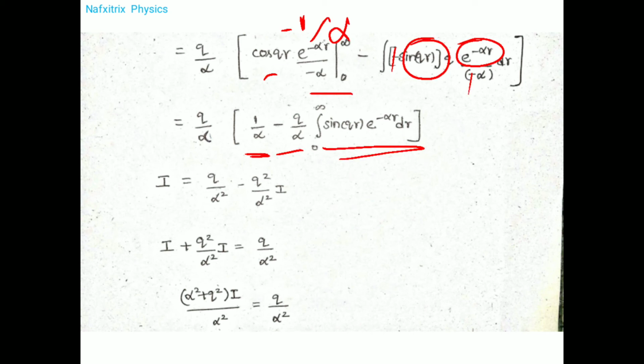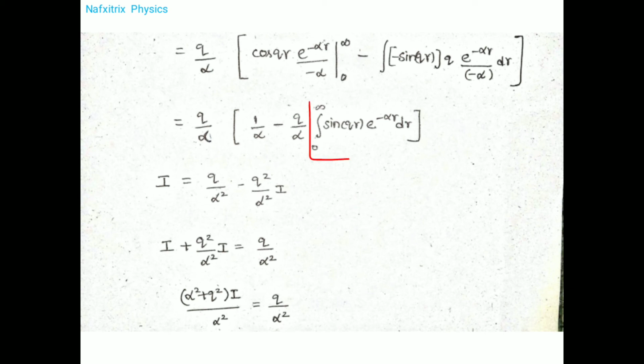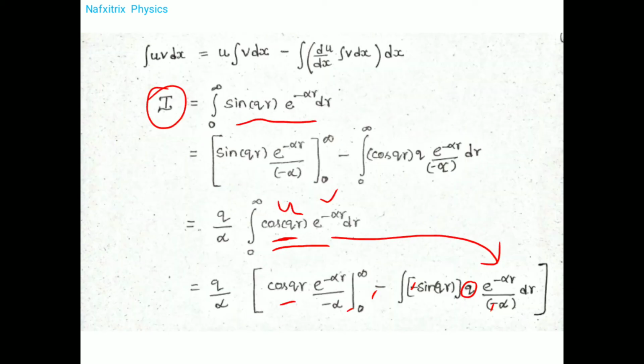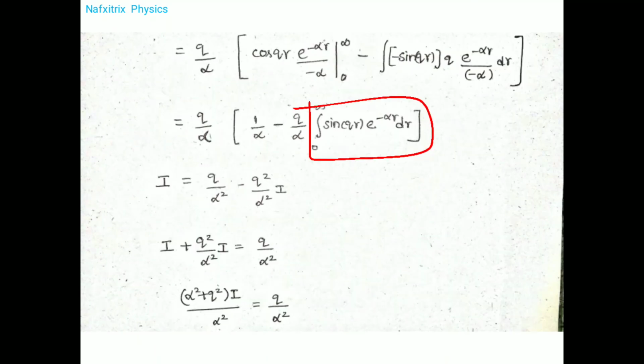If we clearly observe, this term is the same as the integral which we have taken before, as we have just discussed. So in this place we can replace it with I, just for calculation. Otherwise, if we go on doing integration, the process repeats itself. So better to use this I notation.